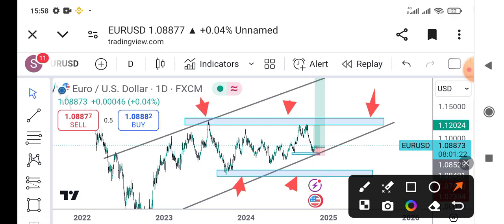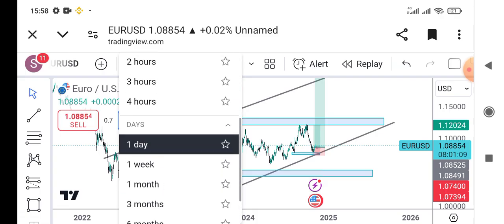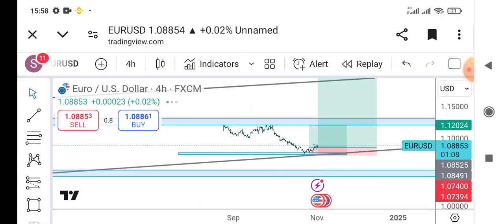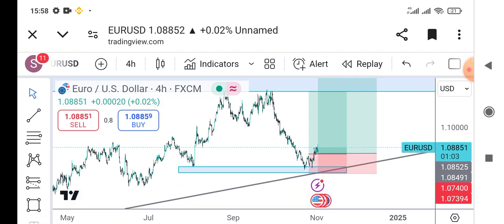We have the current price. So it means we still have to move to a lower level, which is a lower time frame. So our lower time frame is here now.